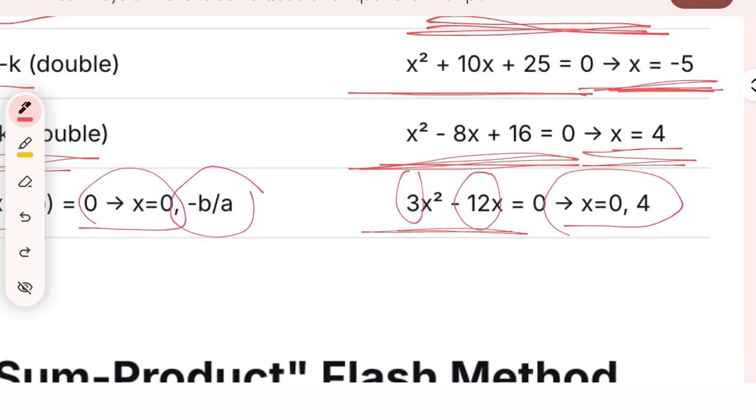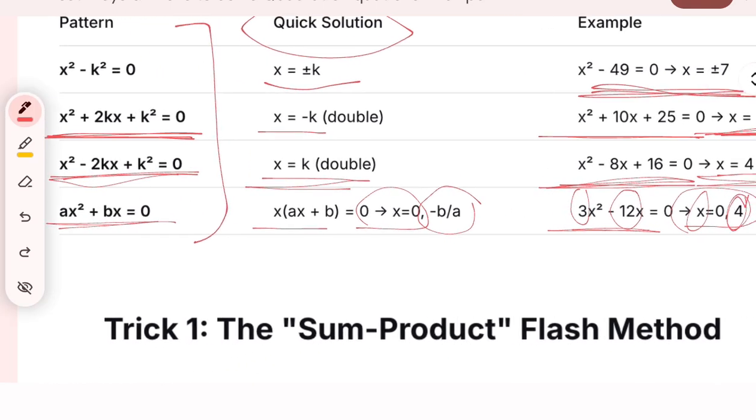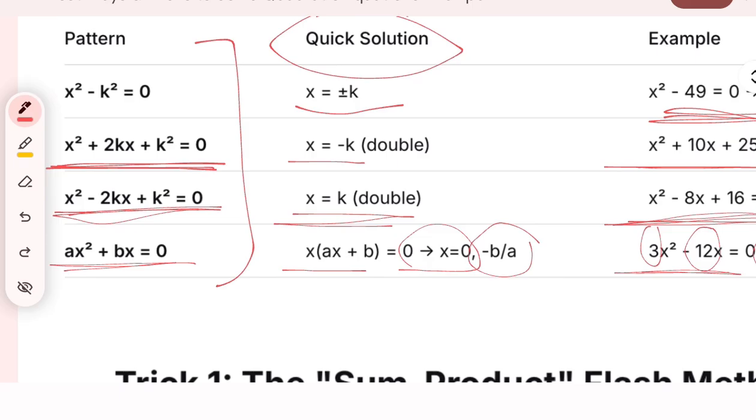So x is 0 and x is equal to 4. Those are the values of x. So if you could identify these patterns, then you could also identify the solutions to those patterns.